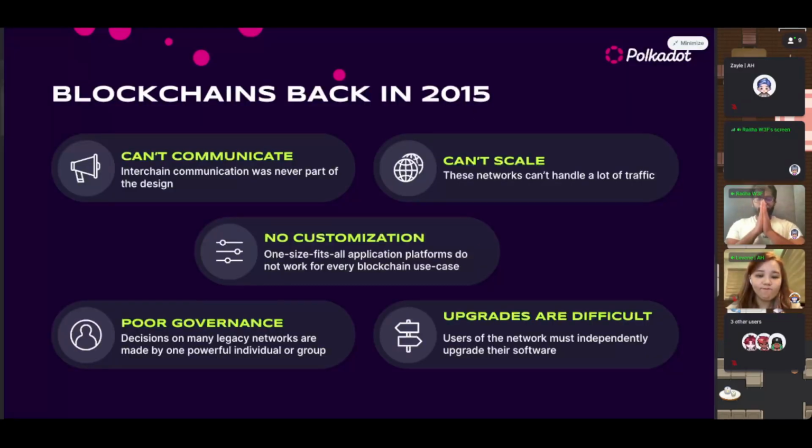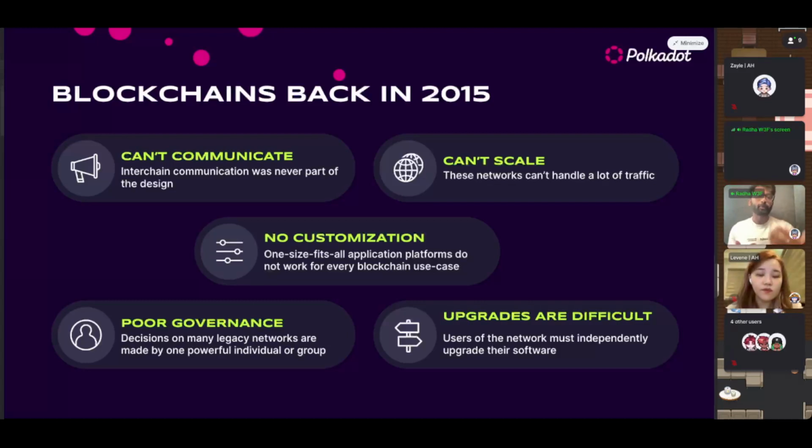Just to give you the context of why there was a need for a blockchain like Polkadot, you'll have to go back in time, not as far back as the creation of Bitcoin. Back in 2015, that's when blockchain started to generalize. There was Ethereum, which was trying to be this world computer, right?